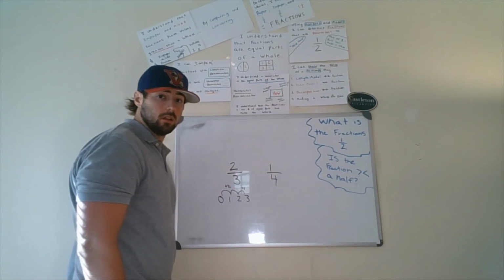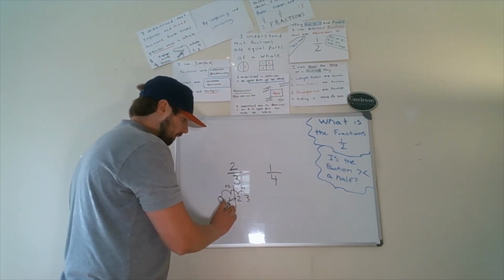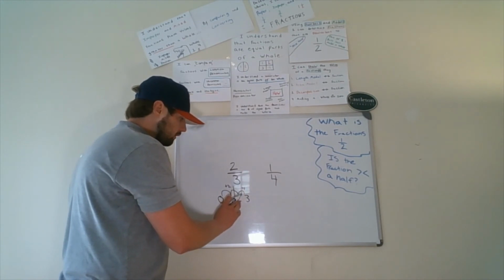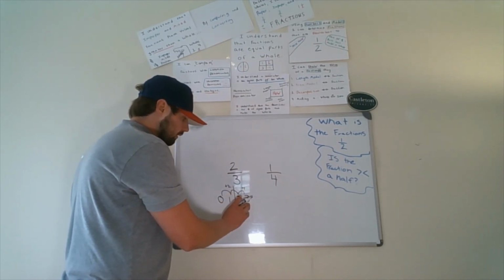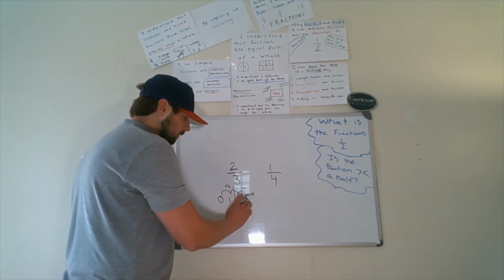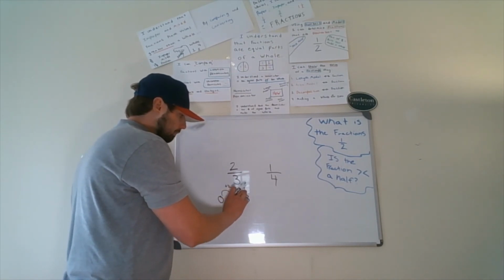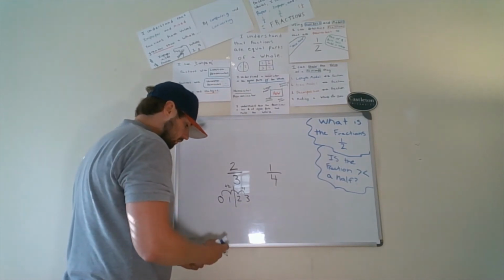But because it is not a perfect half, we know that 2 is closer to 3, 1 from 3 and 2 from 0. We know there's less parts towards the whole.